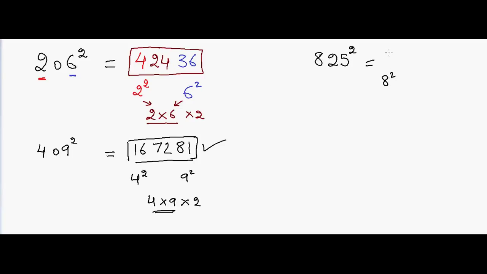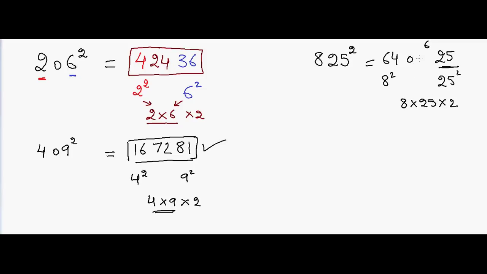So 8 square is 64, and then 25 square is 625, right? So we'll write 25, and then we have to write a 6 here, because we can only use the two digits in the end. Now if we multiply 8, 25 and 2, that will be 400.